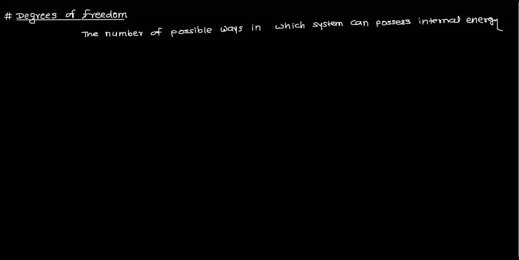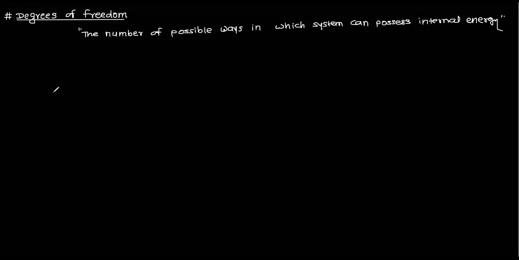Okay, what is degrees of freedom? The number of possible ways in which a system can possess internal energy. This is the definition of degrees of freedom.